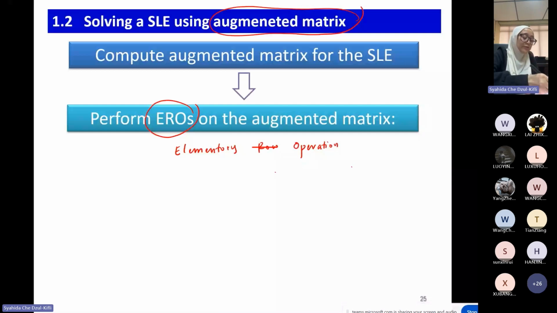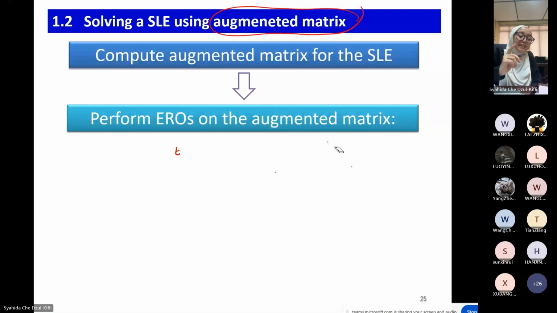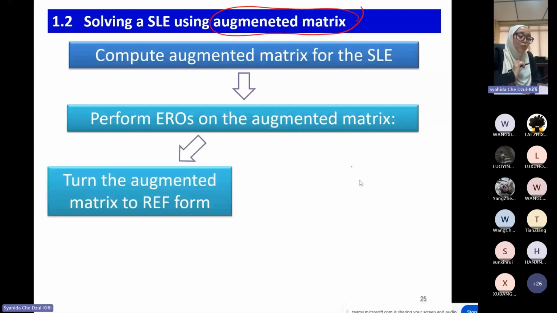We do something to the matrix to change it into a new matrix in a very special form. We turn the augmented matrix into a very special form. We call it REF form, reduced echelon form.